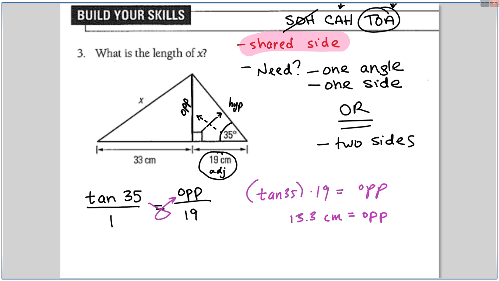All right. Now the question is asking to solve for x. What is the length of x?